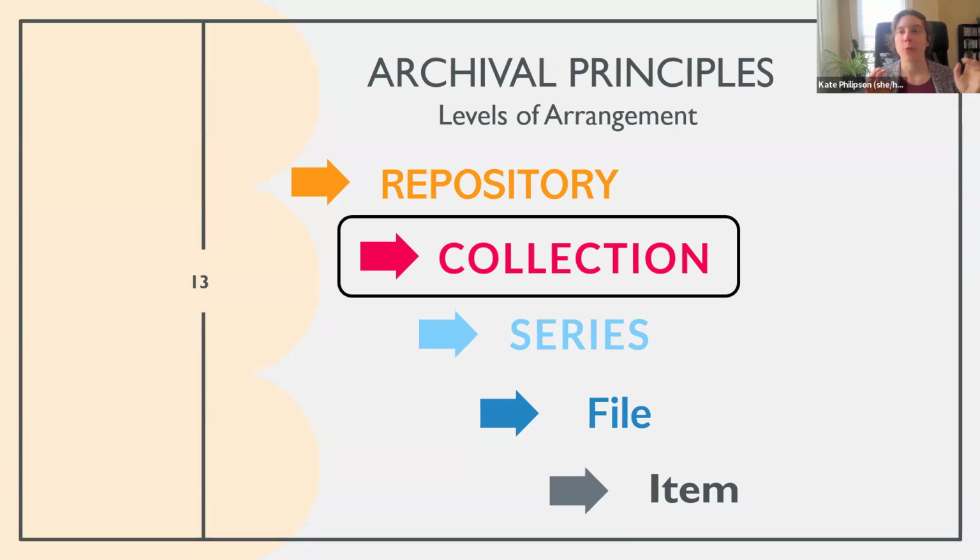And then the series helps you define and break out the intellectual groupings of what's important to understand about that collection. So within Michael Jordan's papers, we might be thinking about college basketball, NBA professional basketball career, and his baseball career.